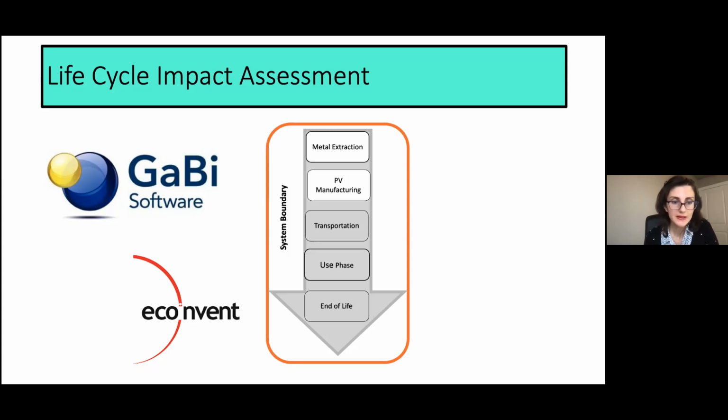So what we did in the study: for the end-of-life phase, since these PV systems are not in the market, we have little idea about what happens at their end of life. So there is a lot of uncertainty at this point, and we removed that phase from our study.